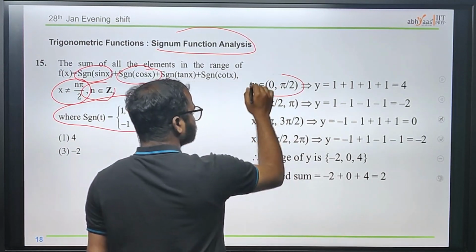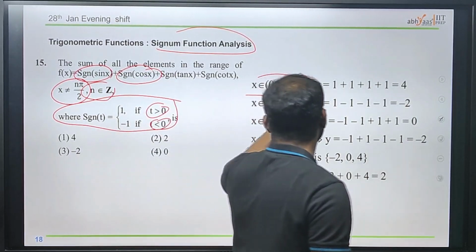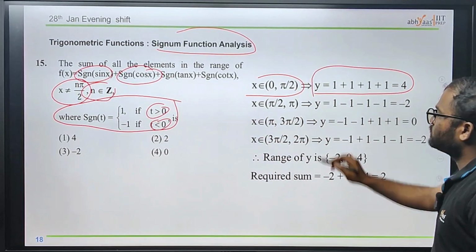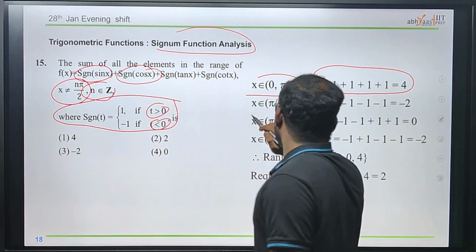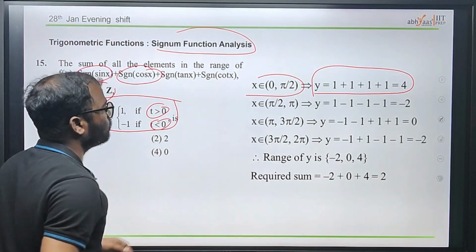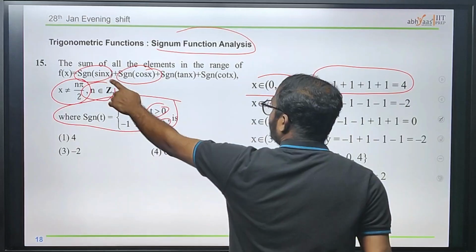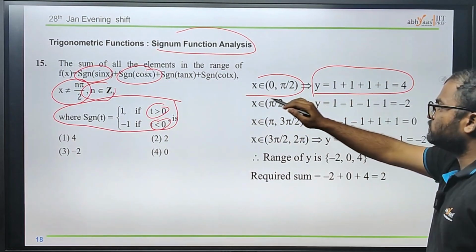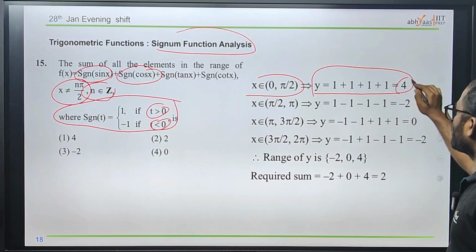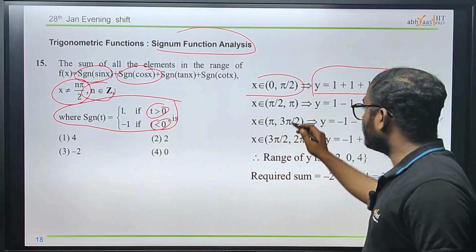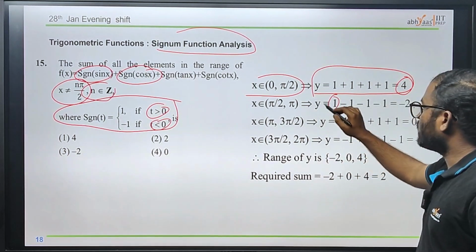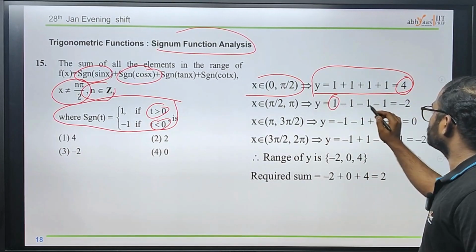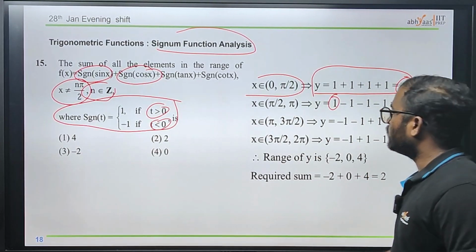Now x belongs to 0 comma pi by 2, so y will be equal to 1 plus 1 plus 1 plus 1, which is 4, since all these values become 1. From pi by 2 to pi, the values oscillate, so 1 minus 1 gives us minus 2.